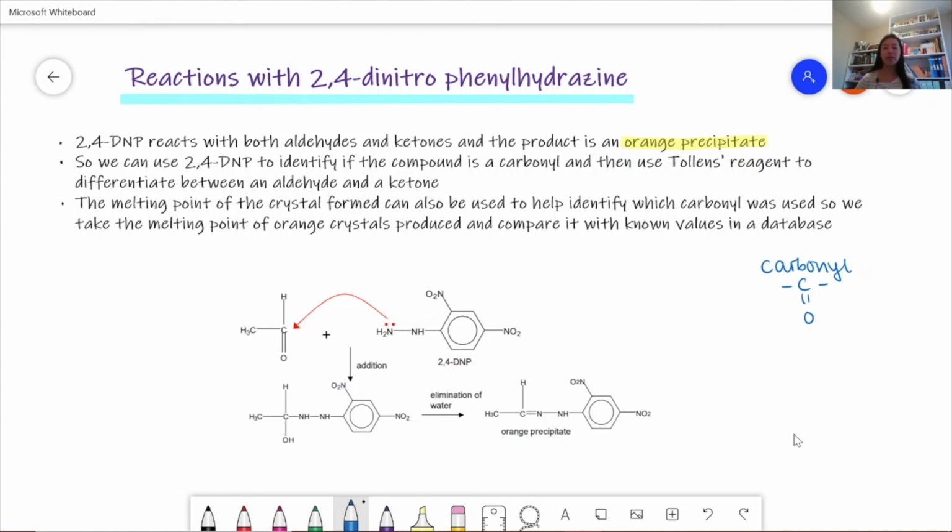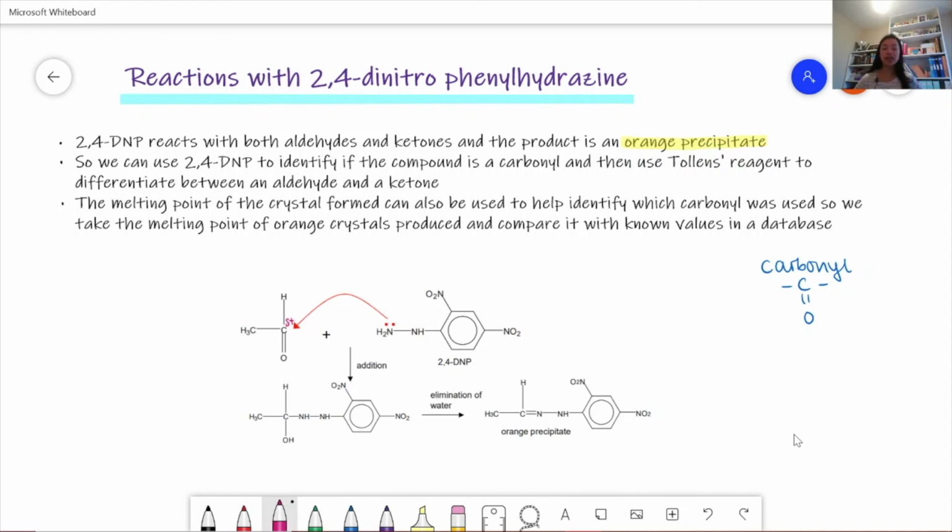I'm going to have a quick look at the reaction that happens when we add this 2,4-DNP to, in this case, an aldehyde, ethanal. What happens first is we get electrophilic addition, because this 2,4-DNP is acting as a nucleophile, as the nitrogen has 2 electrons which it can donate to the partially positive carbon, which we have here.